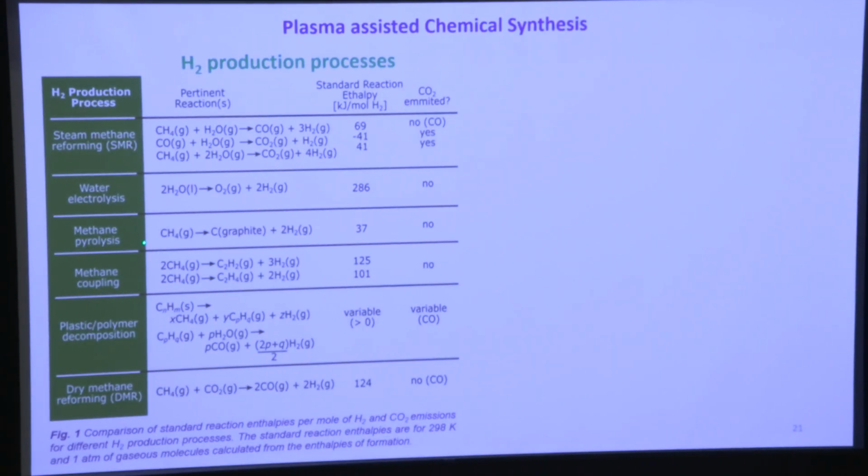What I'm doing at the Princeton Plasma Physics Laboratory, where I lead a DOE Earthshot Center, is trying to use methane and plasma to produce graphite materials, or using methane with CO2 to form methanol. In this process, we can produce hydrogen at 37 kilojoules per mole.